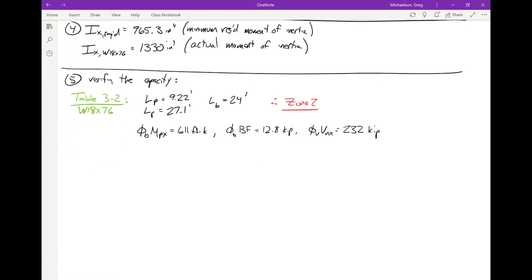Is the screen frozen? Last thing I wrote down was the equation for 2, and then the 1.14 times the quantity 611 minus 12.8 times the quantity 24 minus 9.22. It doesn't look frozen on my end, but I don't know.